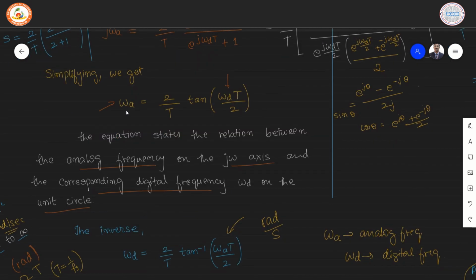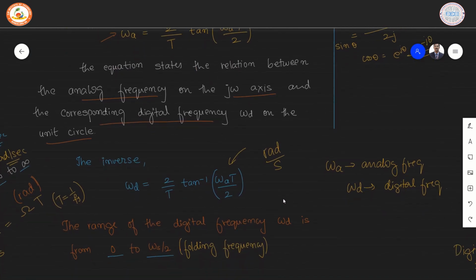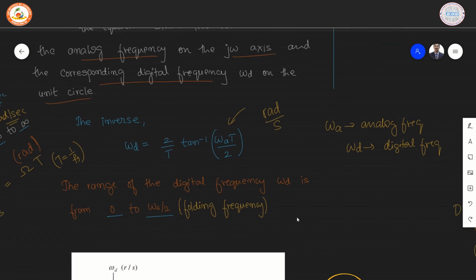The inverse relationship is given by omega D is equal to 2 by T tan inverse of omega A times T divided by 2. The range of digital frequency omega D lies from 0 to omega s divided by 2, which is referred to as the folding frequency.